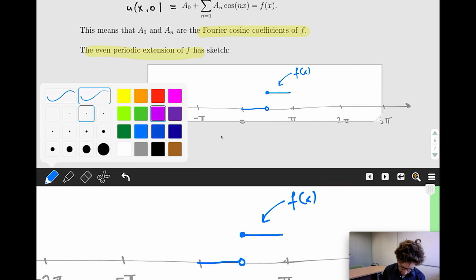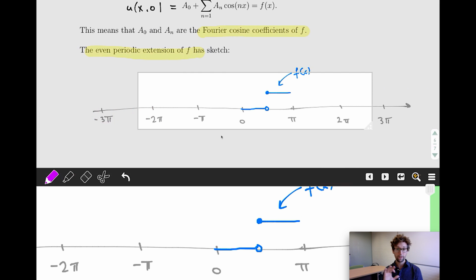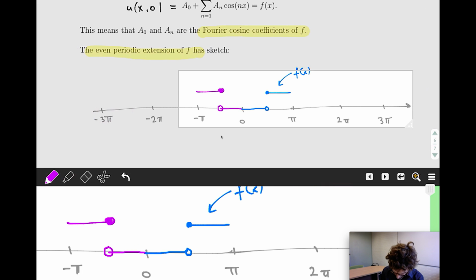Now we're going to take the periodic extension of this by flipping it left-right, so we get an even function. And then this is what we repeat. So we're going to just repeat this over and over until we end up with a periodic function that has even symmetry.